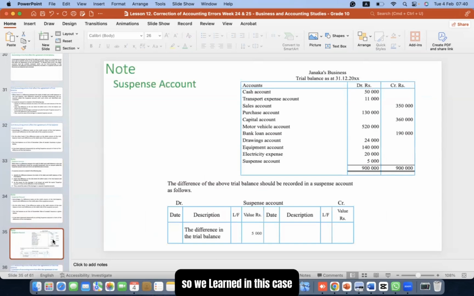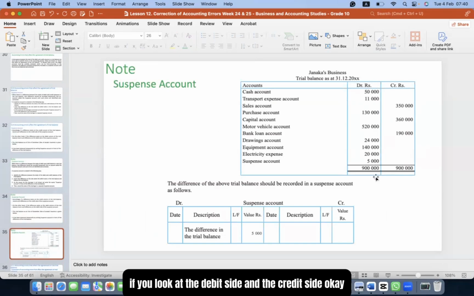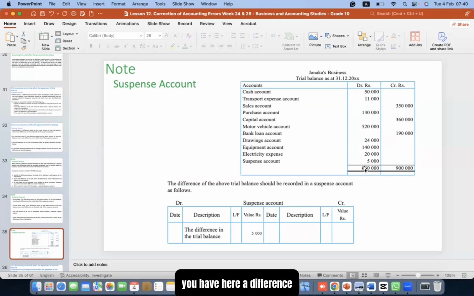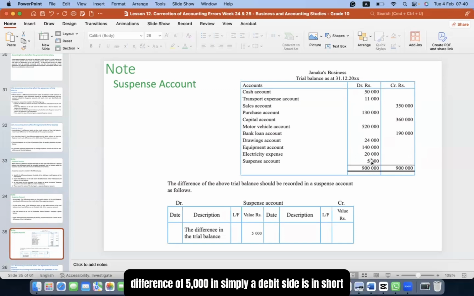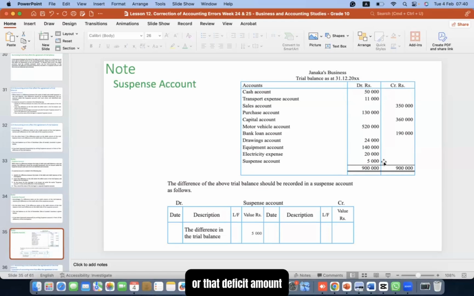So in this case, if you look at this trial balance, at the debit side and the credit side, you have a difference of 5,000. Simply, the debit side is in short or in deficit of 5,000 compared to the credit side. So you write that short amount, that deficit amount or that difference, on the short side, and you name it as suspense account since you don't know the reason.